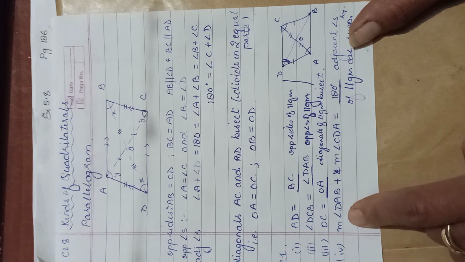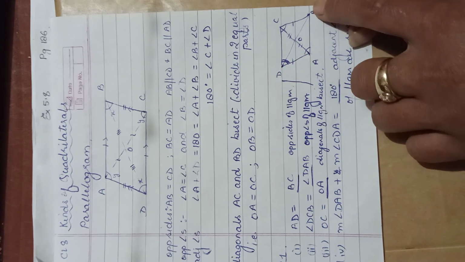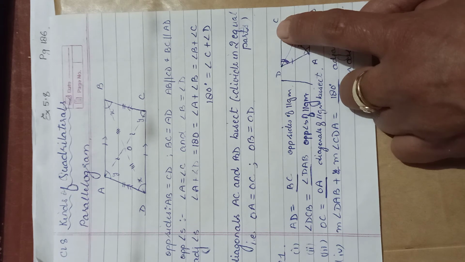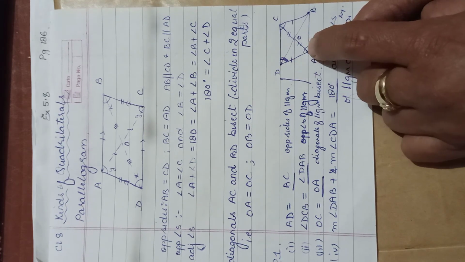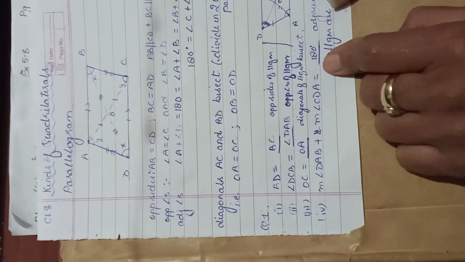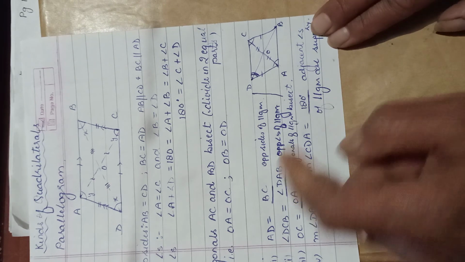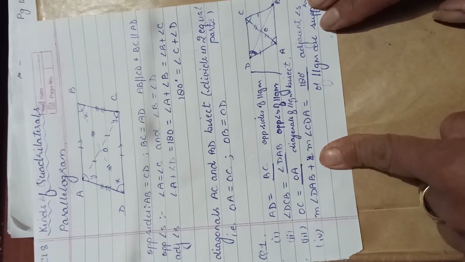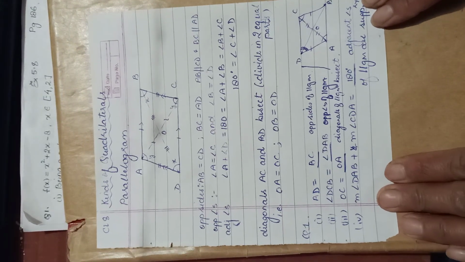Then last was the measure of angle DAB plus angle ADC or CDA, whichever way you say it. These two are adjacent angles, and adjacent angles are supplementary. So the blank out here would be 180, and you have to mention the reason. All the properties that I just told you are being utilized in this first question, so I thought I'll discuss it right now. The rest of the questions we will take up tomorrow.